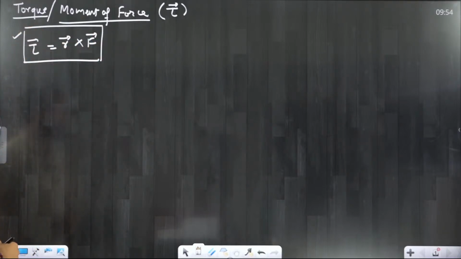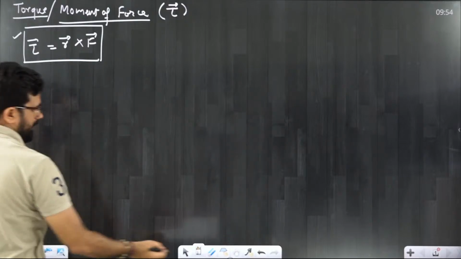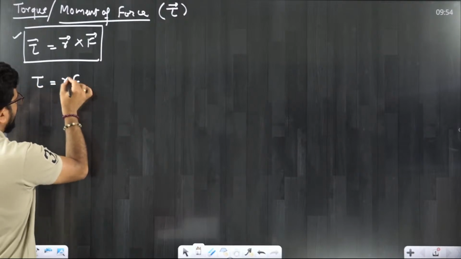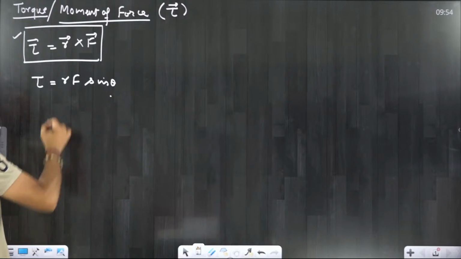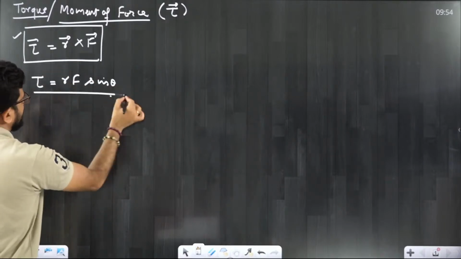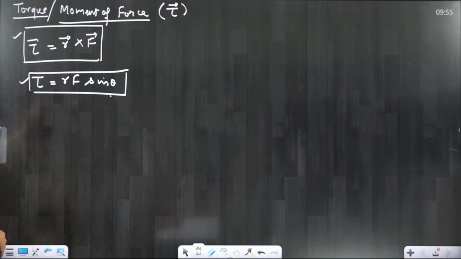This is a torque. Mathematically, we can say that torque is equal to r into F into sine theta. From the cross product we can see r into F into sine theta. This is a very simple thing we can write to calculate the magnitude of the torque.